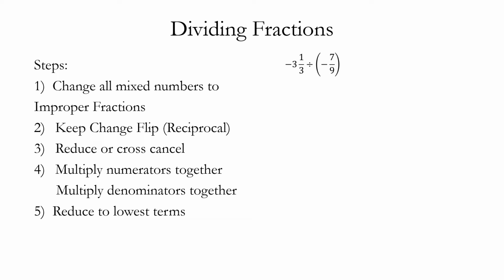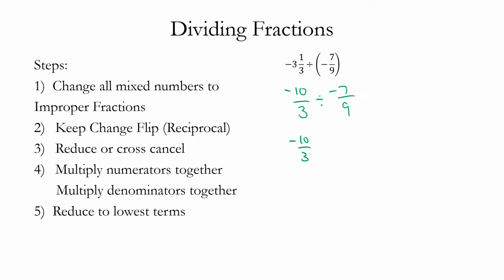We have negative 3 1/3 divided by negative 7/9. So I'm going to multiply 3 times 3 to get 9, plus 1 is 10. So that's negative 10/3 divided by negative 7/9. Now I'm going to keep this first one, so it's going to stay as negative 10/3.